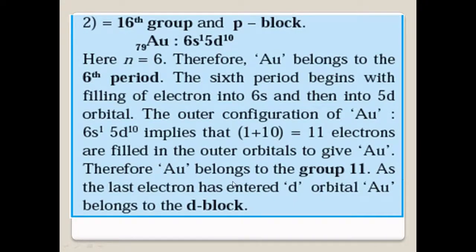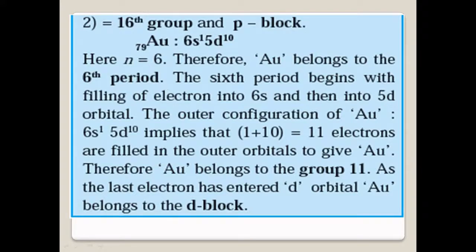As a result it is an element of the d block, because the valence electron enters the d block. So it is a d block element of group number 11 and period 6. Are you getting this?